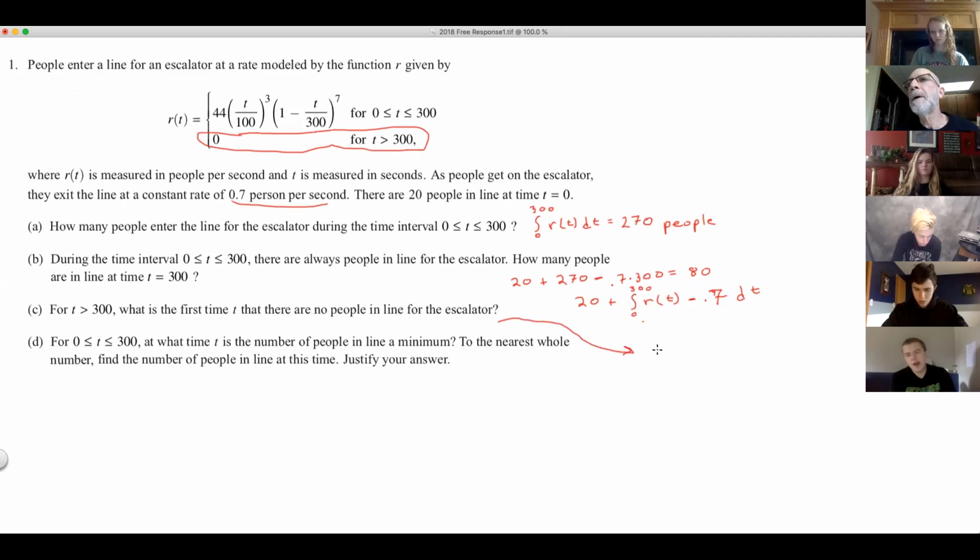So I got 80 people, right? Yeah. And then maybe subtract 0.7 t for how many people leave per second. So write 80 minus 0.7 t, and then set that equal to 0. Okay, so 80 would equal 0.7 t. Correct? Yep.